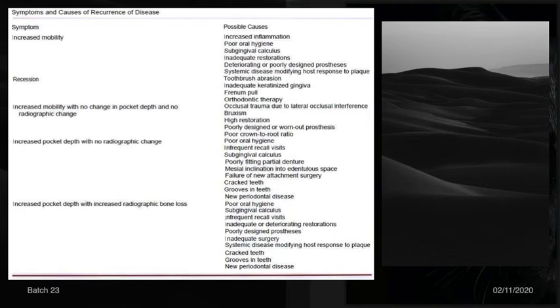These are the possible causes for pocket depth increase. Increase in pocket depth with increased radiographic bone loss, then the patient is not maintaining proper oral hygiene, or your therapy is wrong. Either you have left out some subgingival calculus, or your treatment was incomplete, which may cause deepening of the pocket and bone loss.